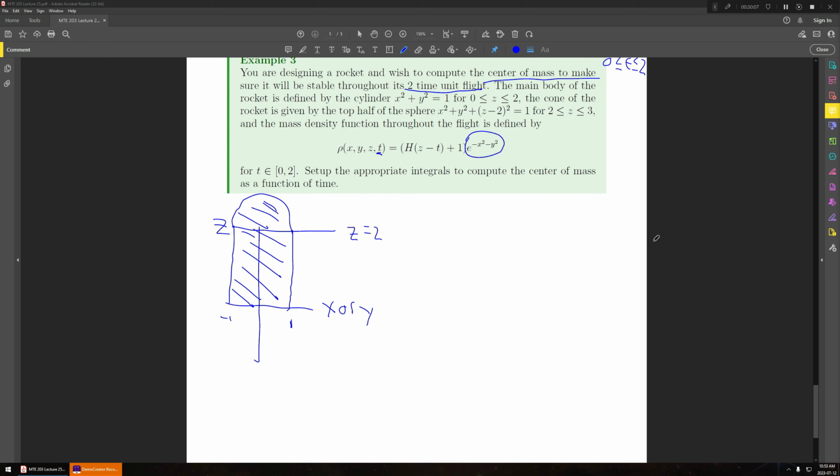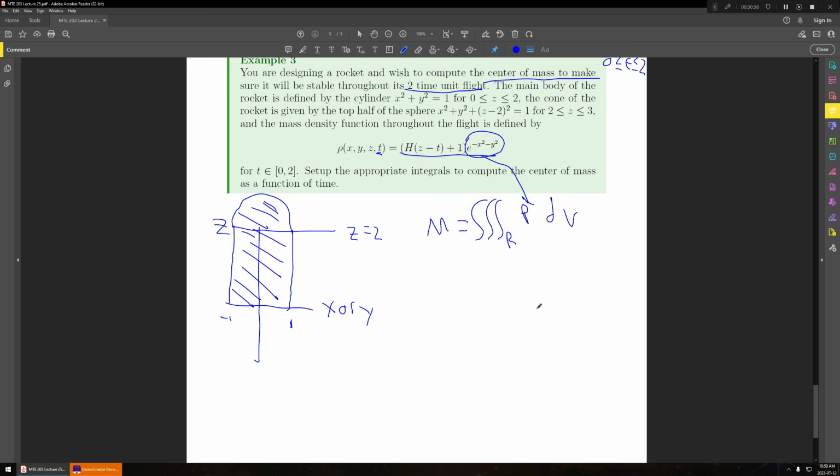So let's just set up the integrals. I first need to know the total mass. Total mass will be the triple integral over this region R of my rho, and I'm just going to leave it as rho, but this function goes here, times dV. Now, I want to set this up, but it's not the cleanest integral to do.